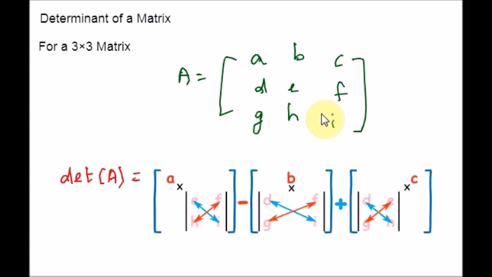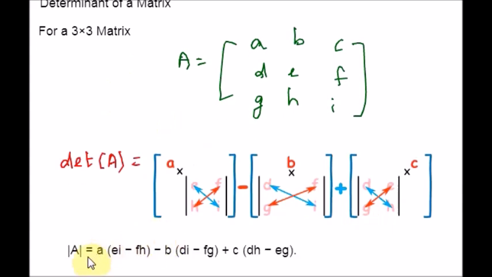So I'll get a times (ei minus fh). Am I right? In the same way, I should place a negative sign for b. So b times, cross multiply these two, ignoring this row and column, it would be (di minus fg). For c, I should ignore its row and column. If I cross multiply, I'll get (dh minus eg). So this is how we find the determinant of a 3 by 3 matrix.